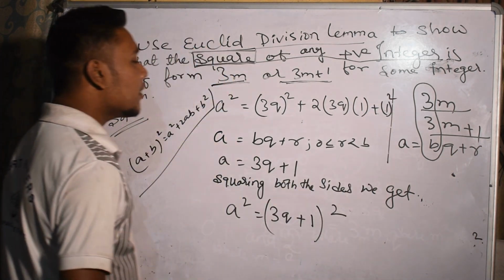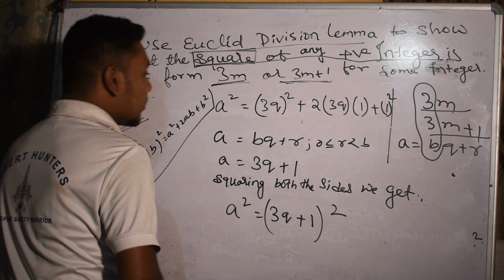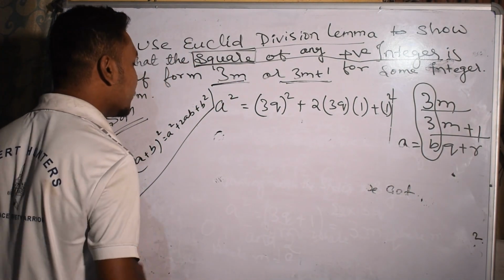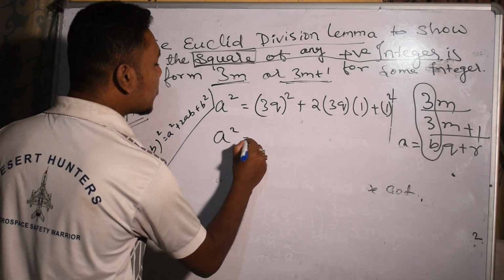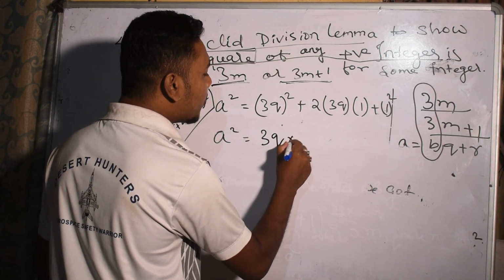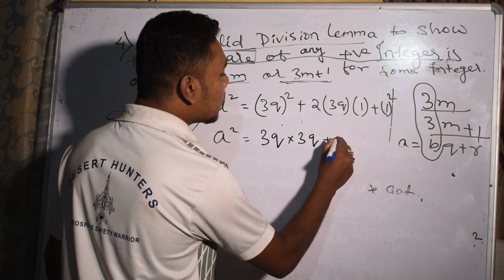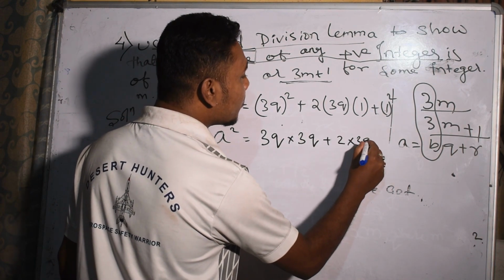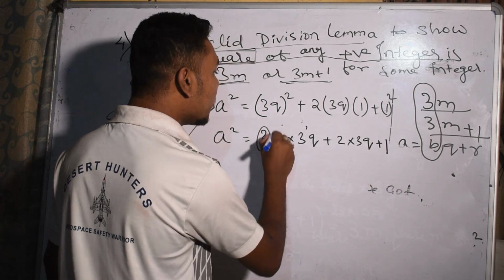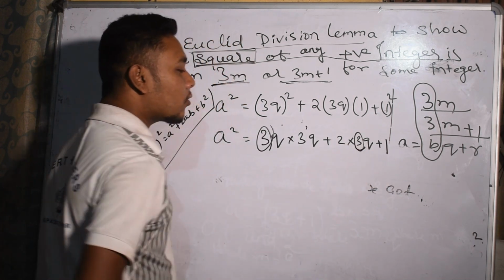When we solve it further, A square equals 3Q into 3Q plus 2 into 3Q plus 1. From here we take out 3 as common.